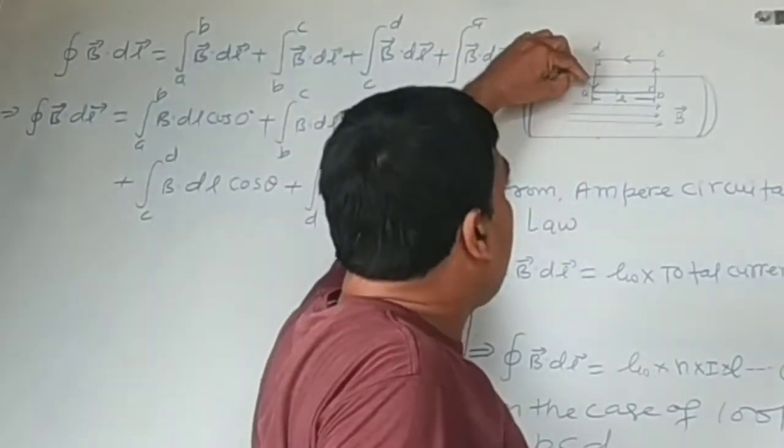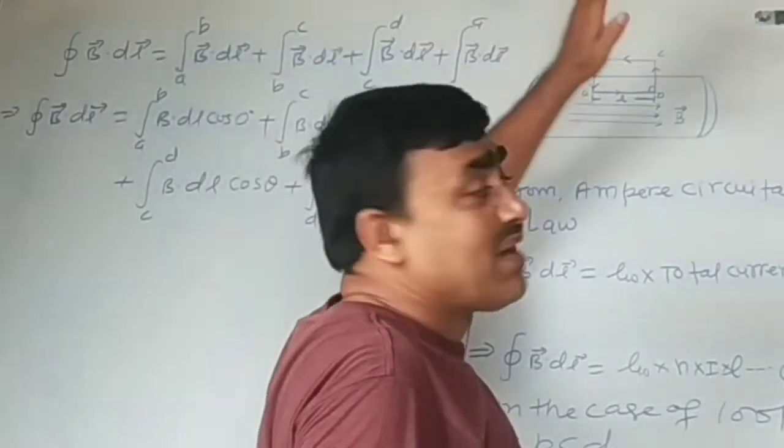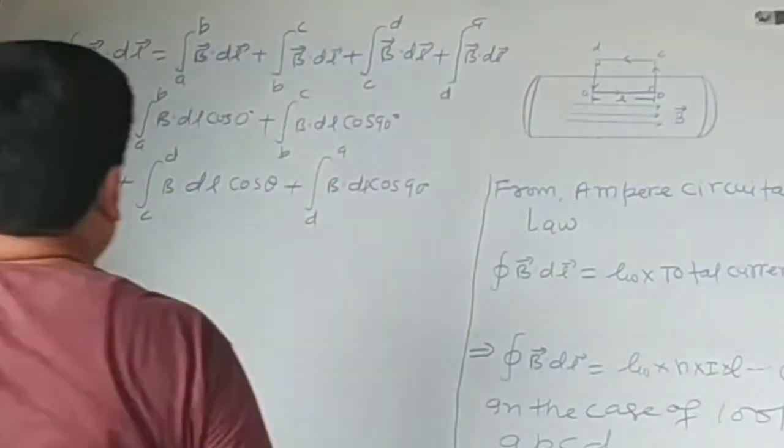Outside the solenoid the magnetic field is 0.